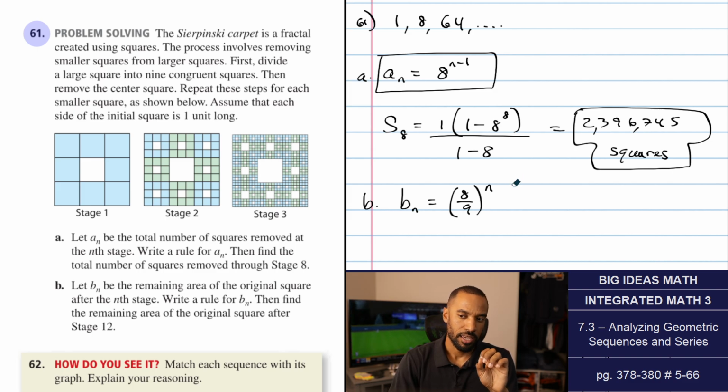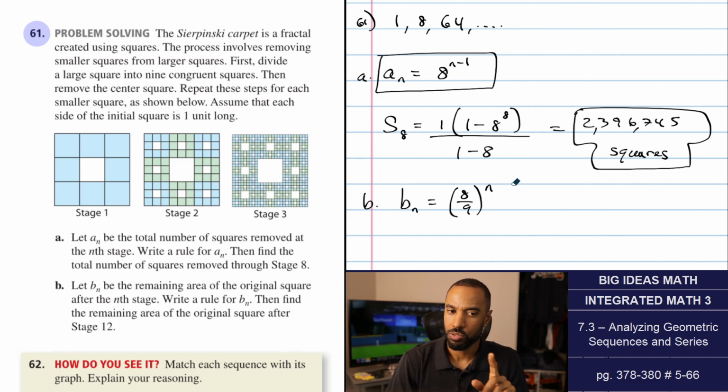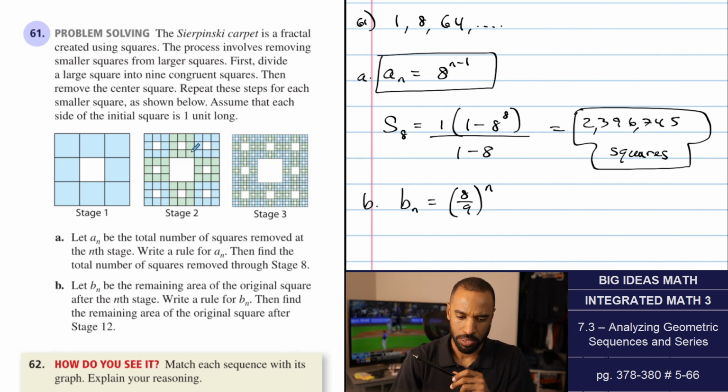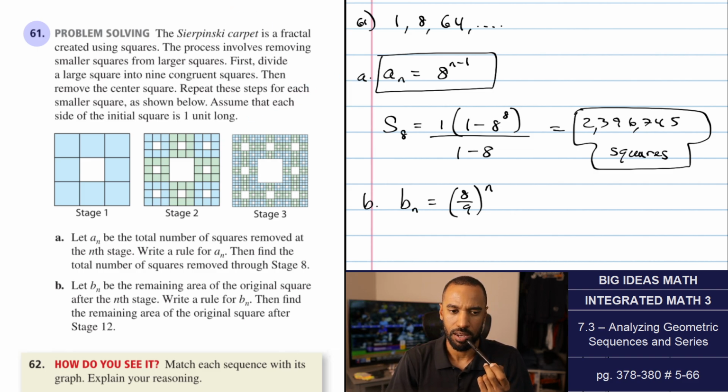Now, if I did stage 2, to the 2nd power, notice how 1, 2, 3, 4, 5, 6, 7, 8 need to be added with that. 8/9 of 1/9 is 8 over 81, and 8 over 81 plus 1. Sorry, I need to see if this works.